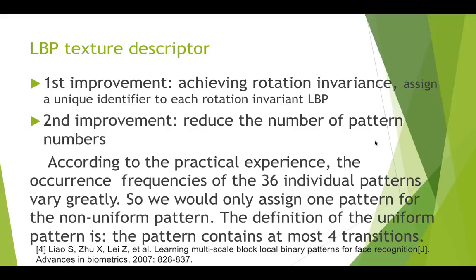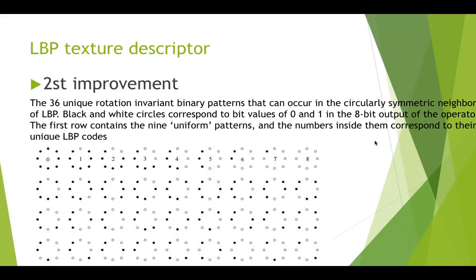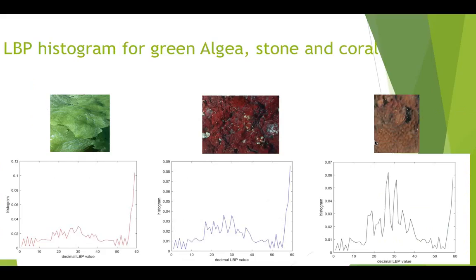So in the computation of the LBP histogram, the histogram has a separate bin for every uniform pattern, and all non-uniform patterns are assigned to a single bin. Using the uniform pattern, the length of the feature vector for a single cell is reduced from 256 to 59. It reduces the number of features.